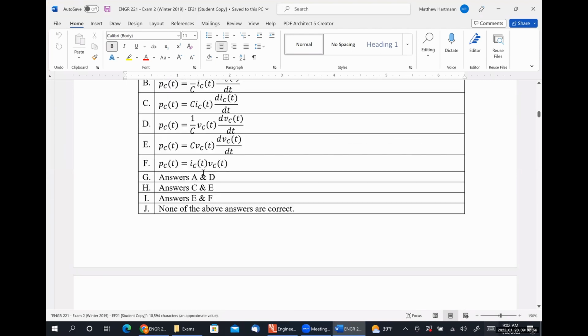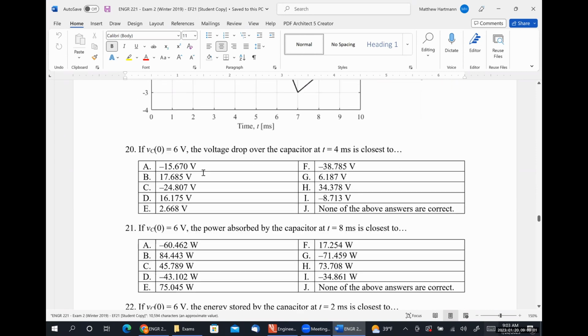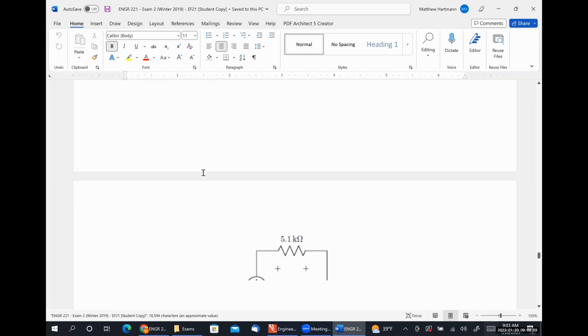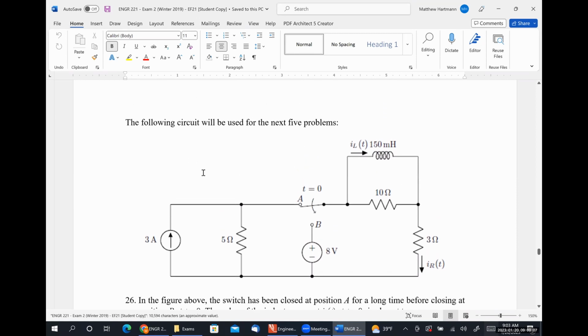And let's scroll way down to the end of the test and see what we've got here. All right. Give me just a moment to grab my mouse so that I can just copy and paste this circuit.